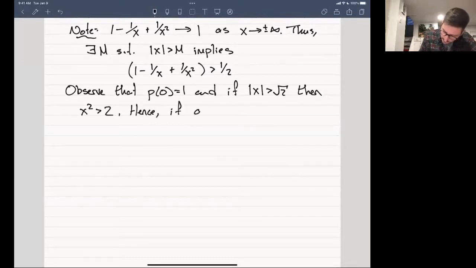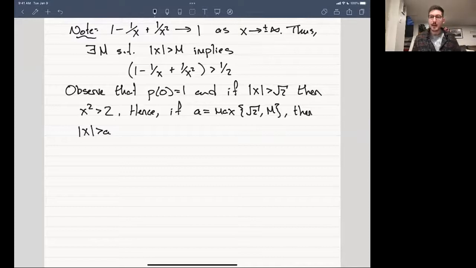if we choose a equal to the maximum of the square root of 2 and capital M, then if we look outside of this interval, so if we look at x larger than a, well, because x is larger than or equal to the square root of 2, x squared is bigger than 2.